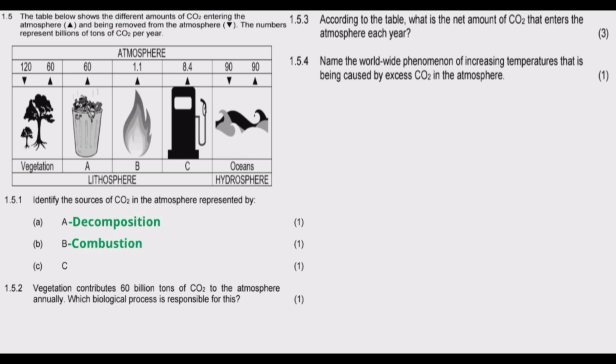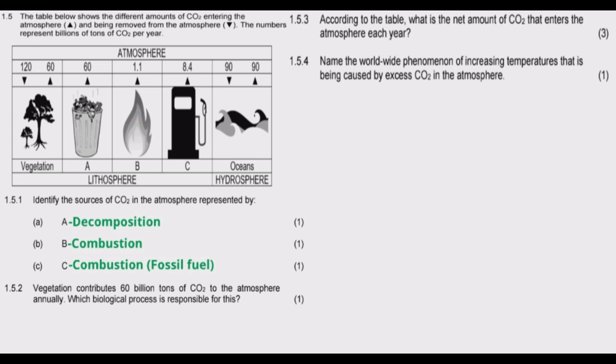C, we can see this is also combustion of fossil fuel. So here it's combustion and here it's combustion, but here it's decomposition. The combustion here produces carbon monoxide, which becomes carbon dioxide and goes into the atmosphere, and here carbon dioxide is released into the atmosphere.